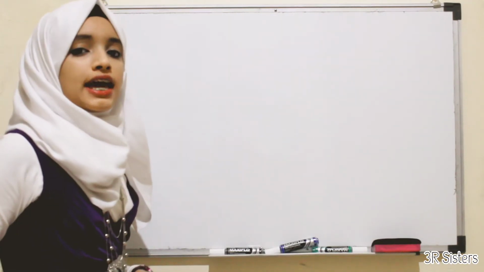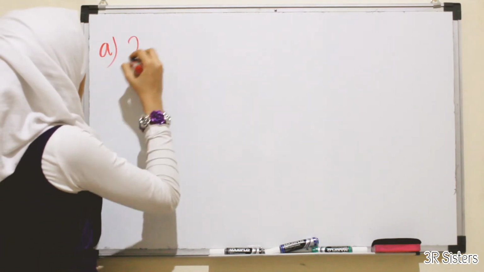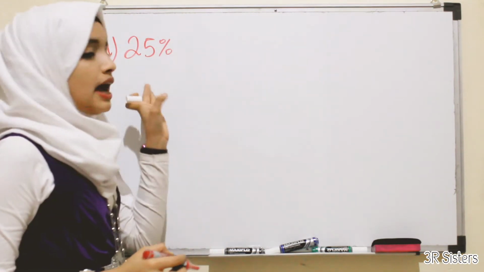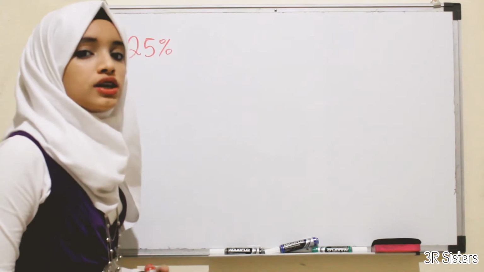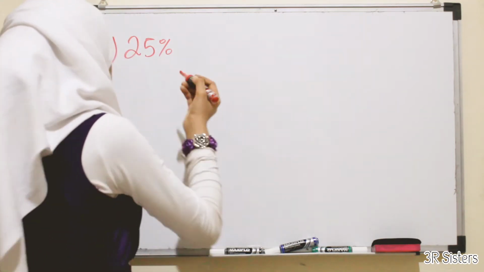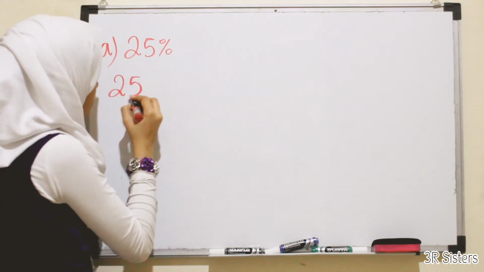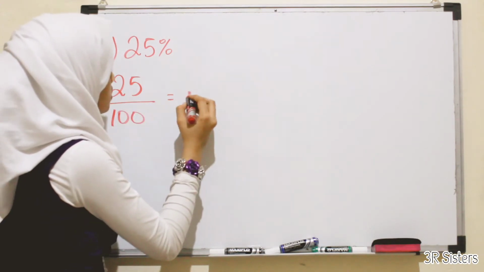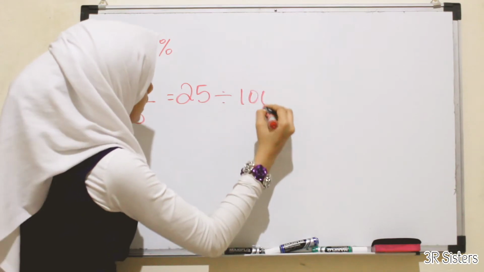Now what is question A? Question A is 25%. So we have to convert this to a decimal fraction and also to its simplest form. So first what we will do, 25 by 100, which equals 25 divided by 100.